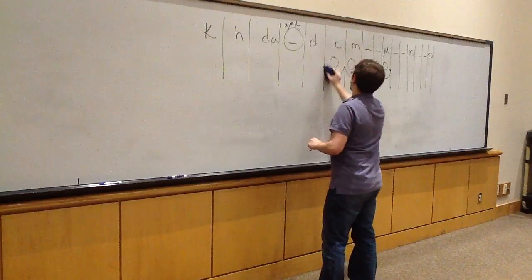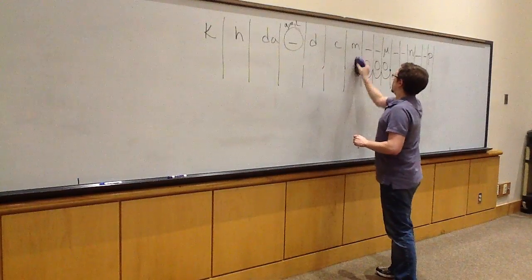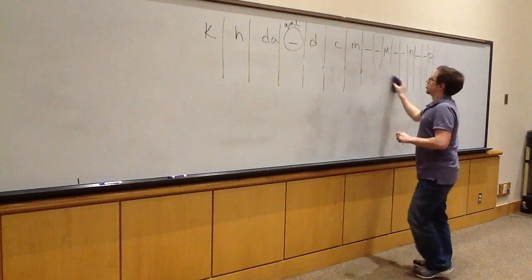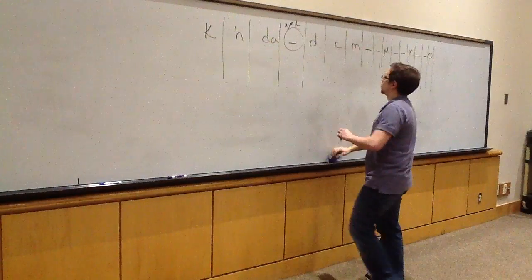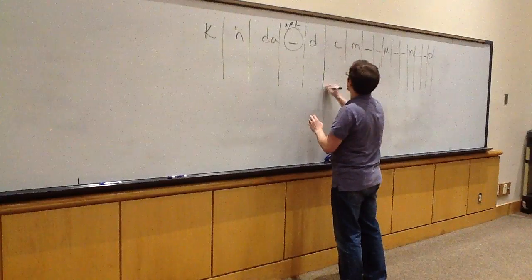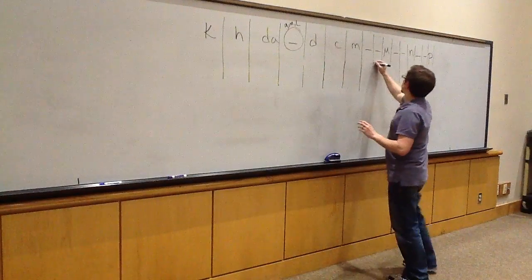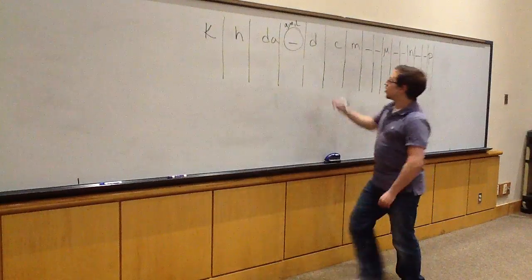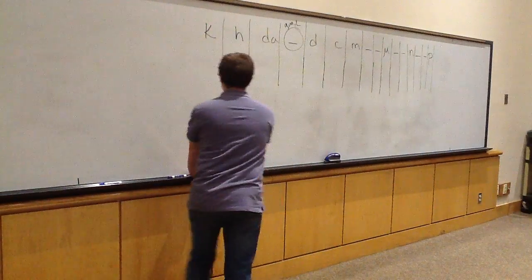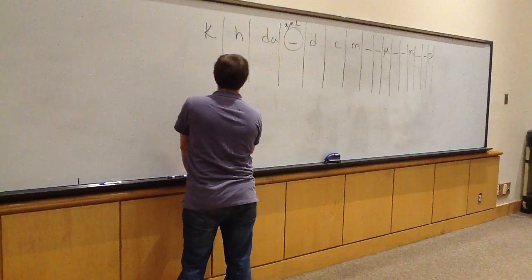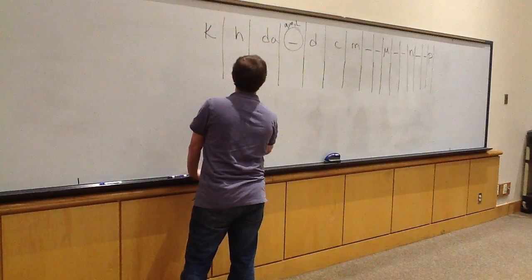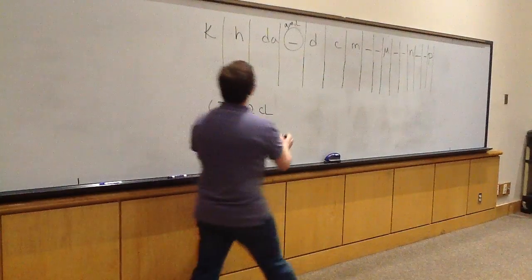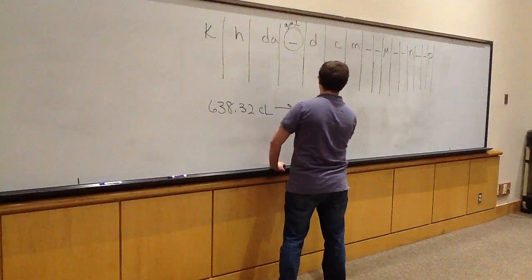All right, so let me go ahead and just erase. Okay, so let's say that I had 638.32 centiliters, and I wanted to convert that to hectoliters.